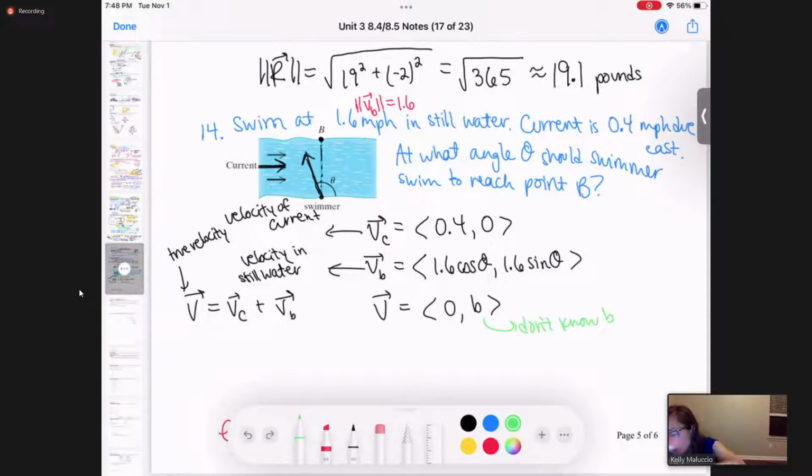This is a question mark. In order to find this, I'm going to box the x.